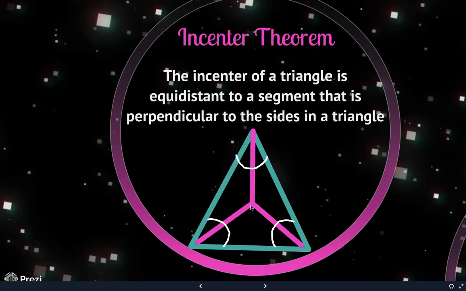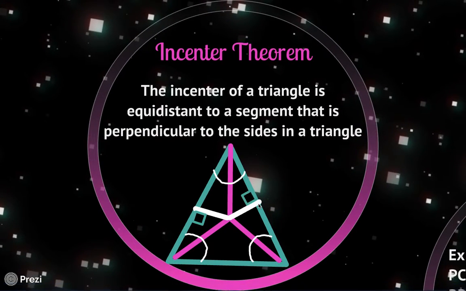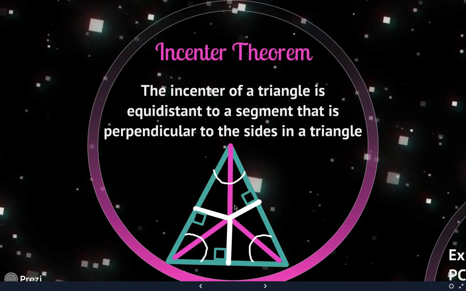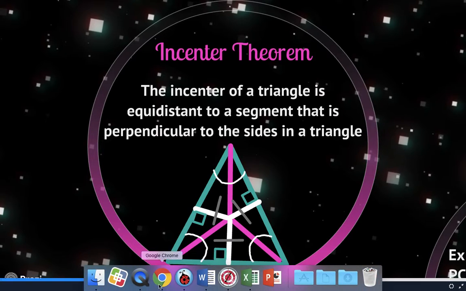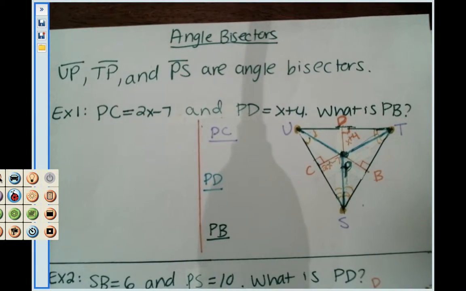So the in-center is that point where the three angle bisectors intersect. And then if you draw perpendicular segments to the sides of the triangle, based on this theorem, they will be congruent. So let's see, maybe that will be helpful in solving the problem. I kind of have a good feeling about it.